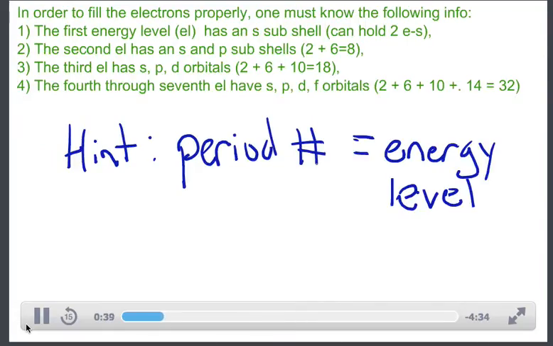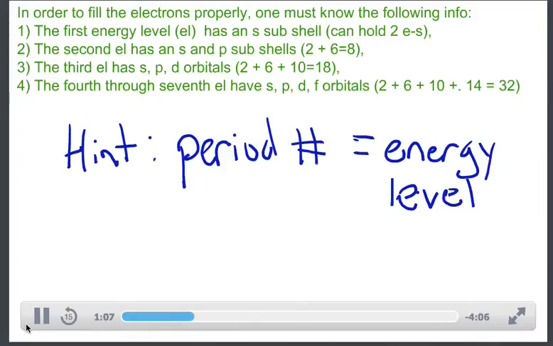In order to fill the electrons properly, you must know the following information. Number 1, the first energy level, which we'll represent as L in the future, has an s subshell, which means it can only hold 2 electrons. The second energy level has an s and a p subshell, so it can hold 8 electrons, 2 plus 6.